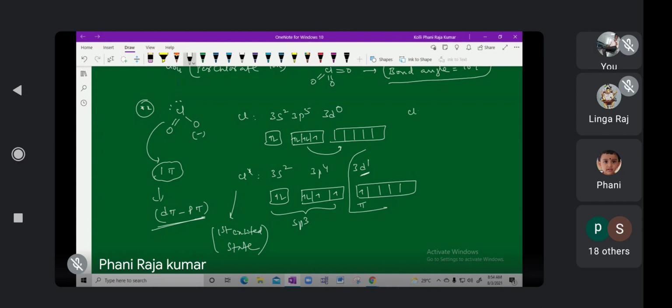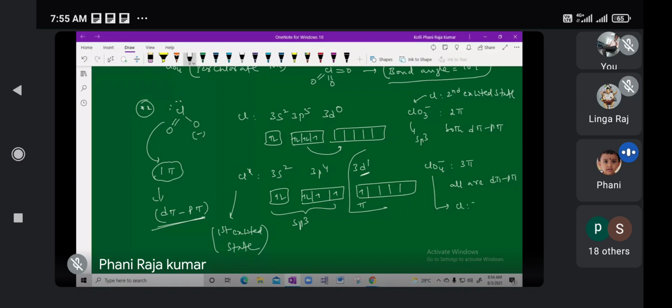Next, ClO3 minus has 2 pi bonds, both d pi p pi. Here chlorine is in the second excited state, sp3 only. Next we have ClO4 minus. In ClO4 minus, 3 pi bonds, all are d pi p pi.